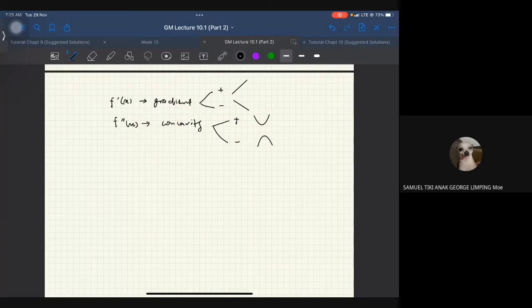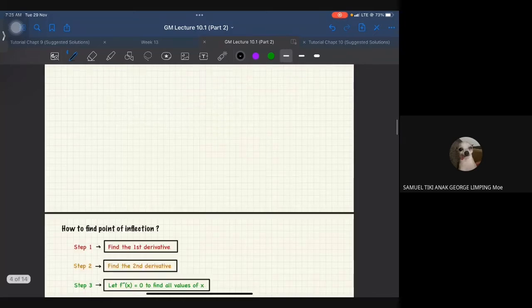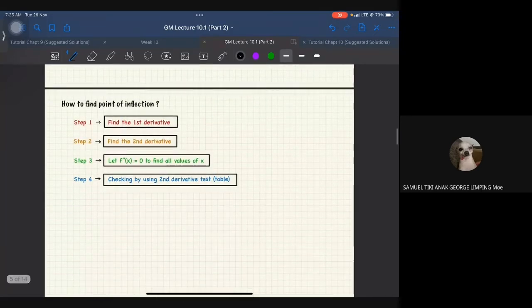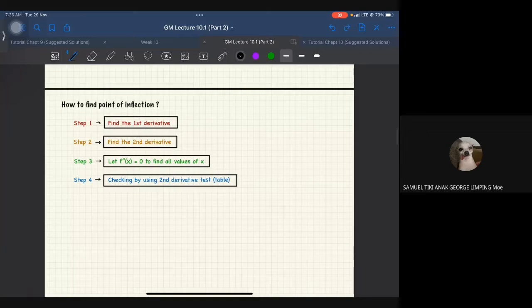So second derivative, it tells you about the concavity of the graph at that particular point. So is it a positive or is it a negative concavity? Is it going up or is it going down? Okay, so that's why lah untuk mencari point of inflection, you need to do sampai second derivative. Okay, so bila dah sampai second derivative dekat sini, when you have found your second derivative, you need to make your second derivative equals to 0 to find that value of x yang cause your second derivative equals to 0.